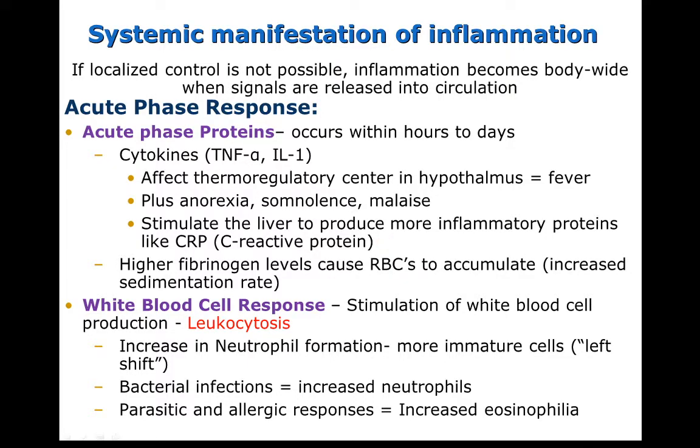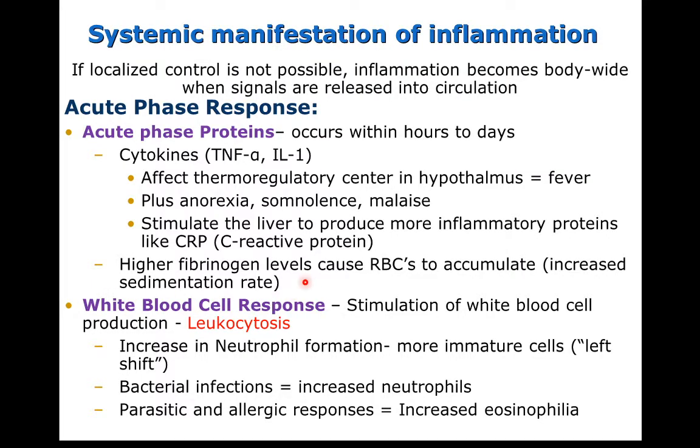Additionally, we will produce higher fibrinogen levels, and these can cause our red blood cells to accumulate or stick together, and they actually will settle in the bottom of a test tube. And this particular lab test, again a marker for systemic inflammation, is called a SED rate, or a sedimentation rate.